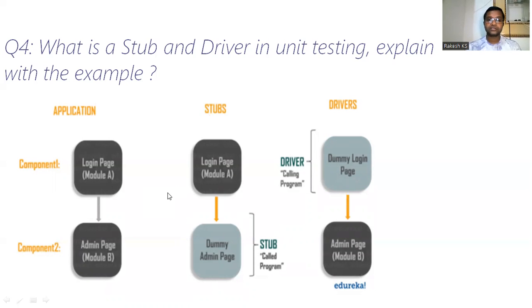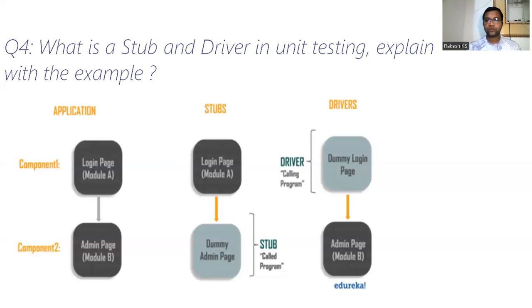When you are testing the overall application, you have to have component 2. You cannot do that testing without having a single component, and you cannot build it at that time. So what you do is you make a dummy admin page, that is a dummy program or dummy document. That dummy document is nothing but the stub.